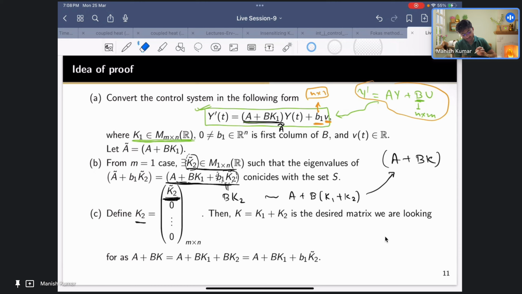You define k2 as this, then you can see that A plus BK is A plus Bk1 plus Bk2, and this Bk2 is nothing but b1 k2 tilde, where b1 is basically the first column of the matrix B. So this is done in this step. Once you reach till here, once you find this k1, then you are done.